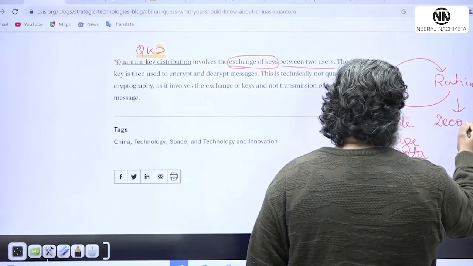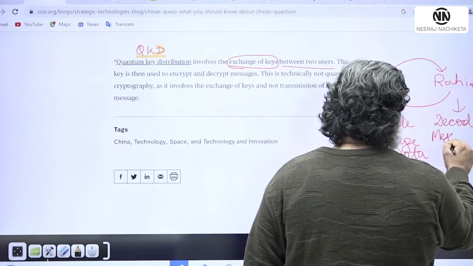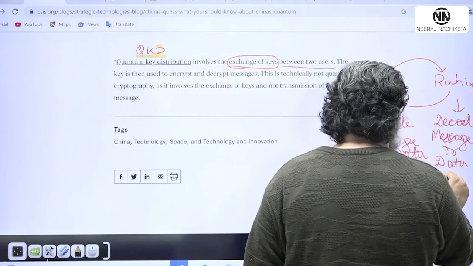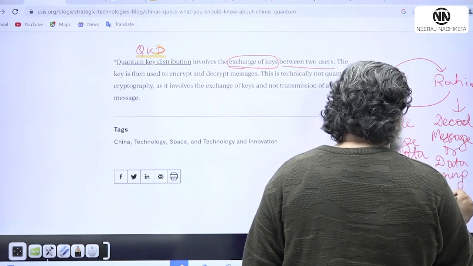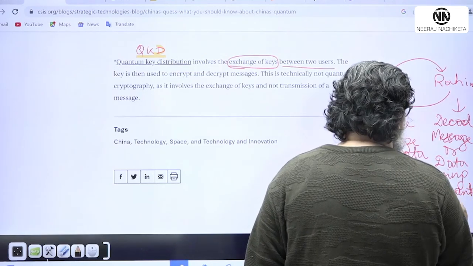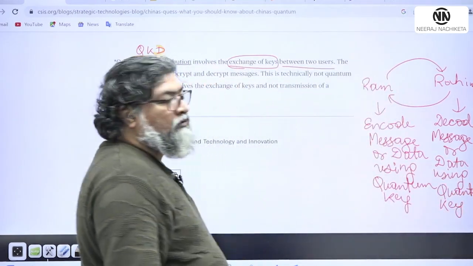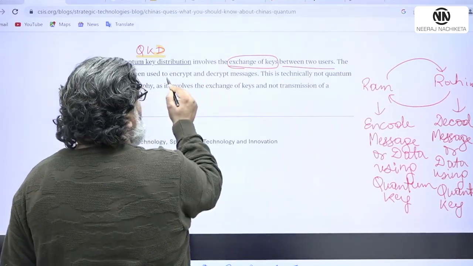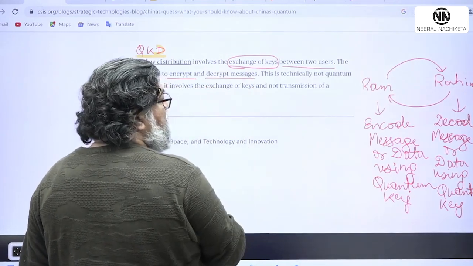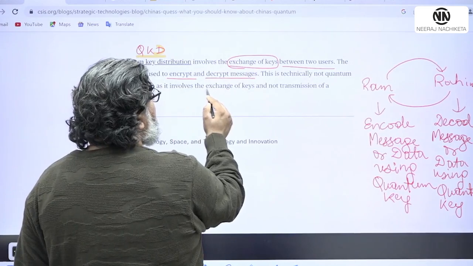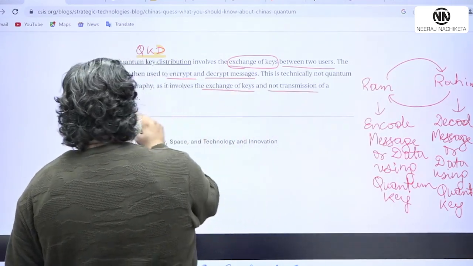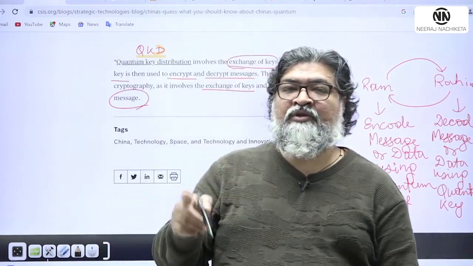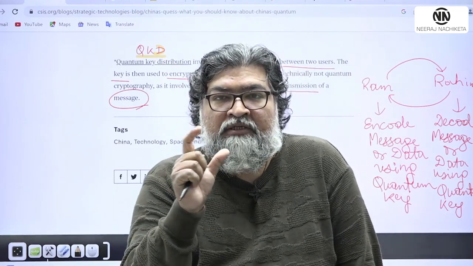Rahim will decode the message or data again using the quantum key, which will be very unique. So it uses a quantum key to encrypt and decrypt messages. This is technically not quantum cryptography, because it is the exchange of keys and not the transmission of a message. Ram will send a key to Rahim, and Rahim will use that key to open and read the message.